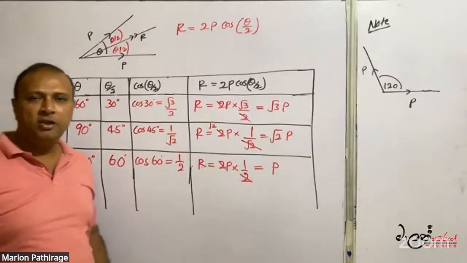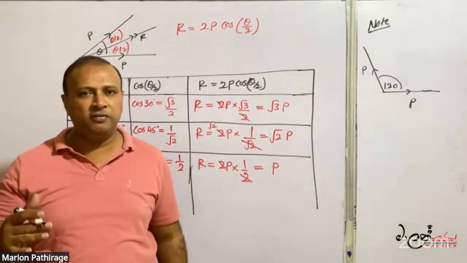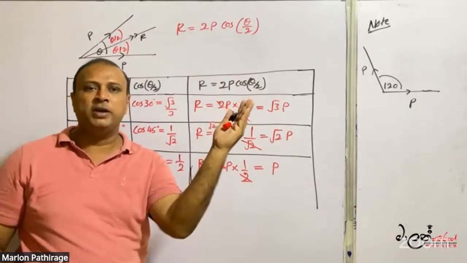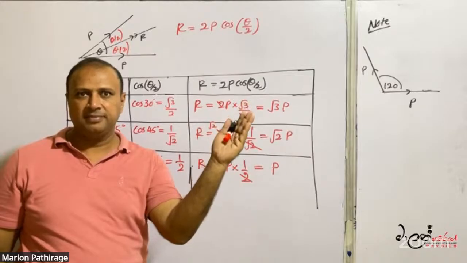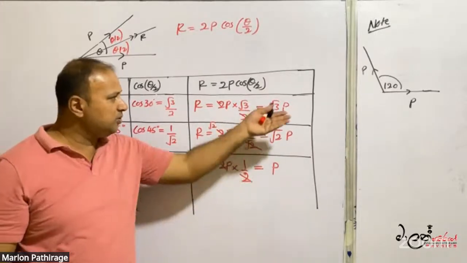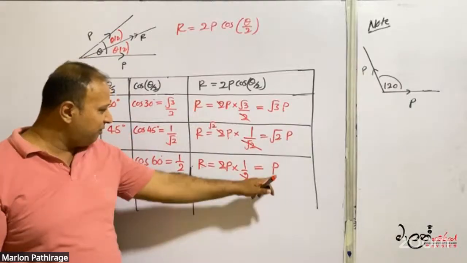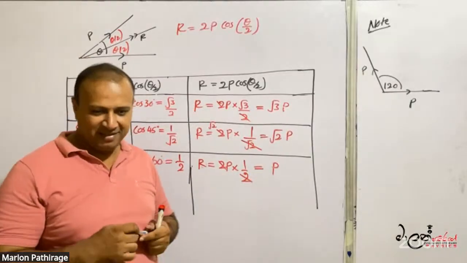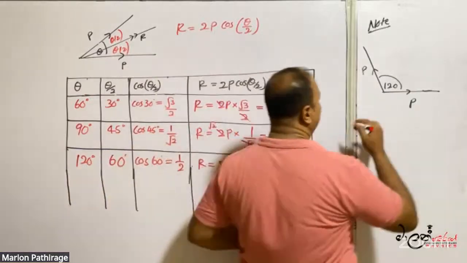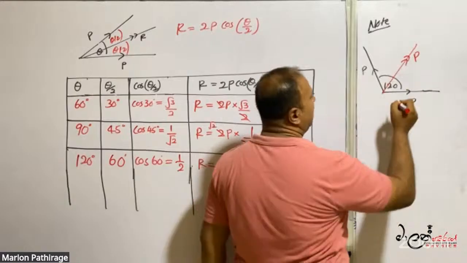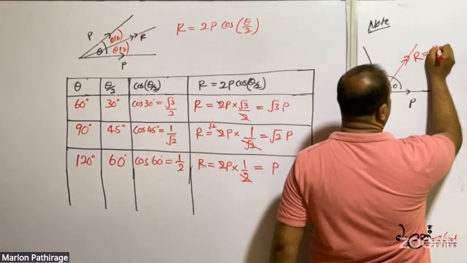That means if you are given 10 Newton and 10 Newton forces acting at an angle of 120, then the resultant force should also be equal to the magnitude of one vector, P. Therefore, the resultant force R is also equal to P.